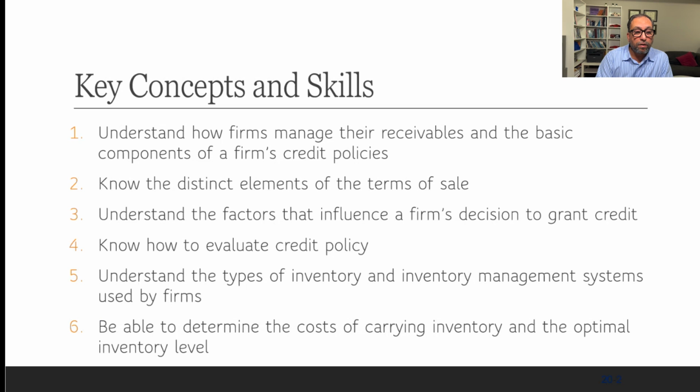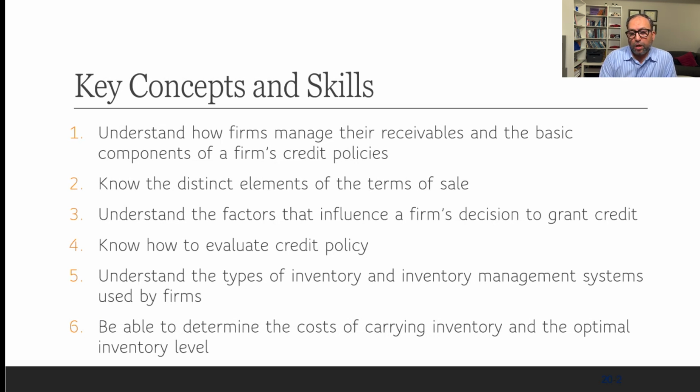Understand the factors that influence a firm's decision to grant credit. Why is the firm going to offer the product on credit? This is also one of the reasons we're going to study in this chapter. Also, know how to evaluate a credit policy, understand the types of inventory and inventory management systems used by firms, and be able to determine the cost of carrying inventories and optimal inventory levels.